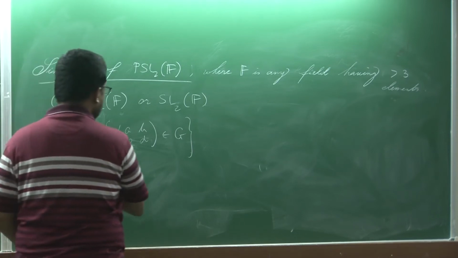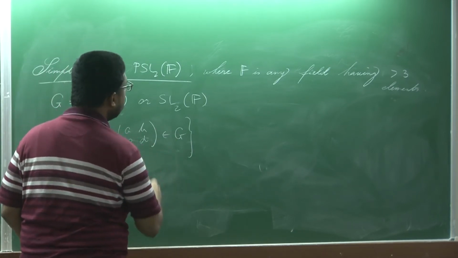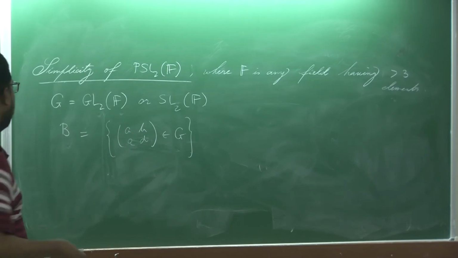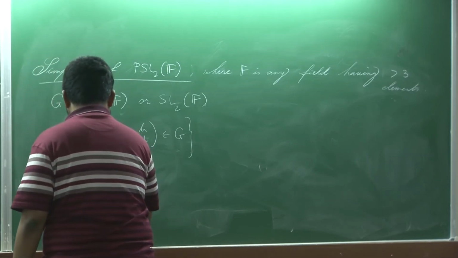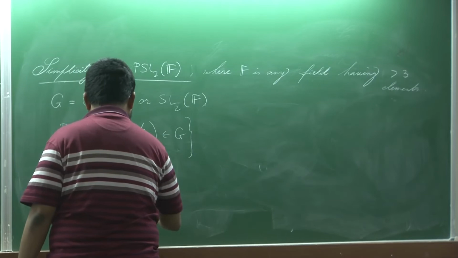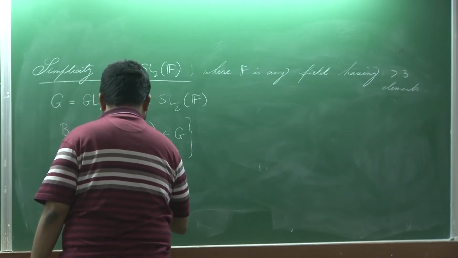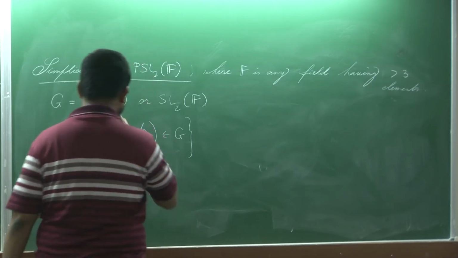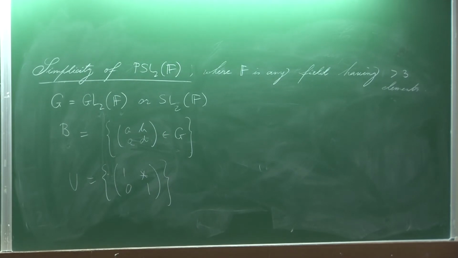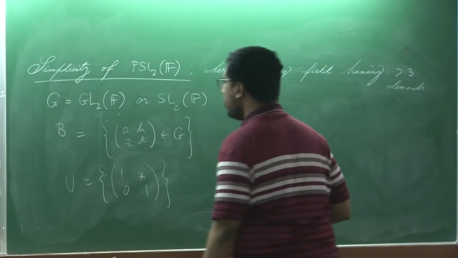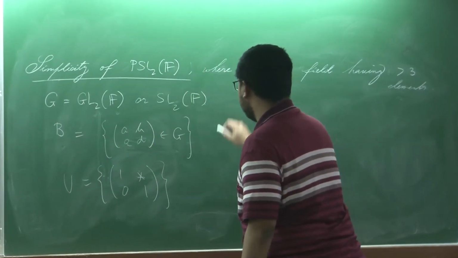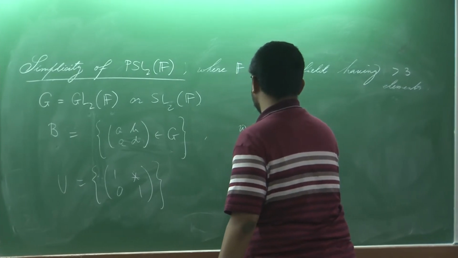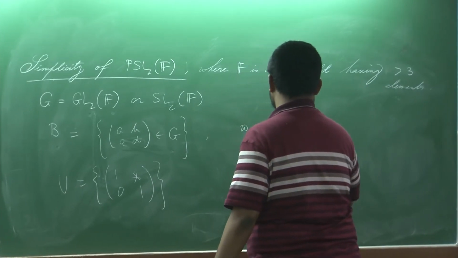If G is SL2 then we have a further condition AD equal to 1. And then we have this unipotent group U, the matrices (1 *; 0 1), okay.